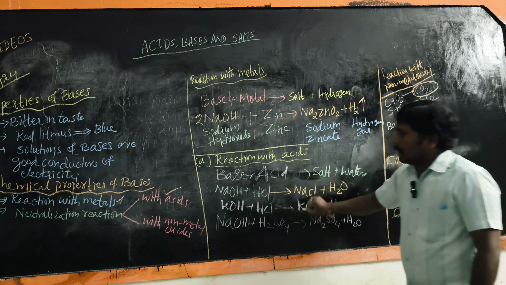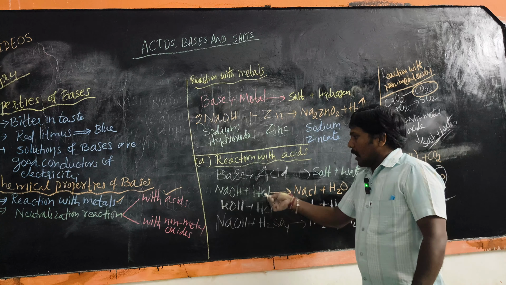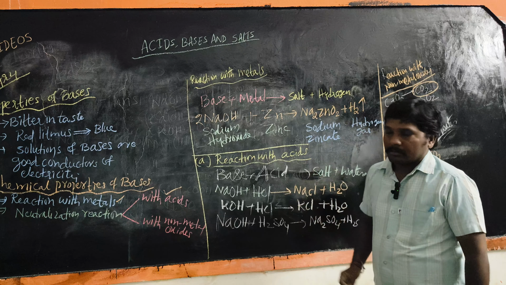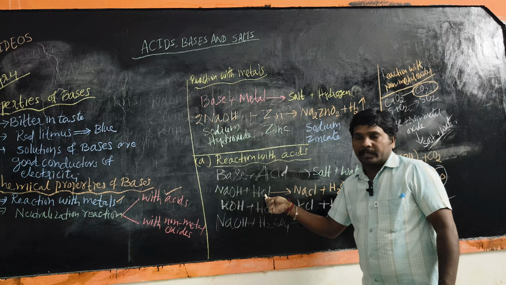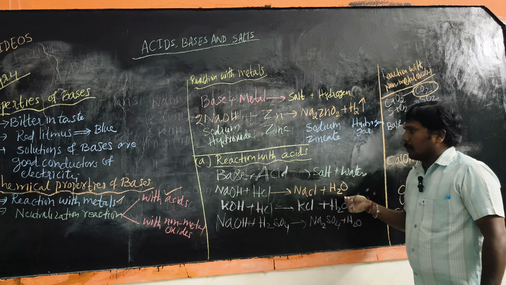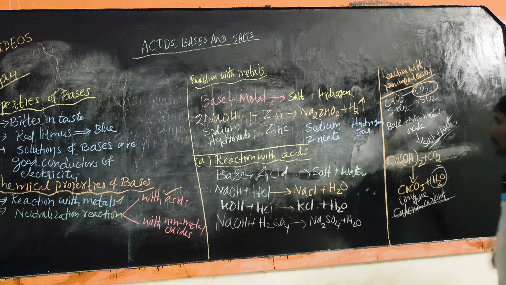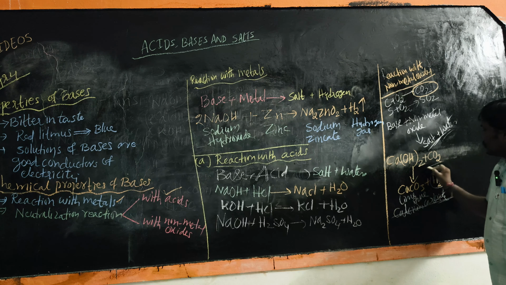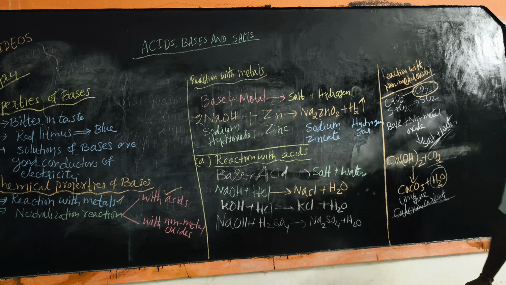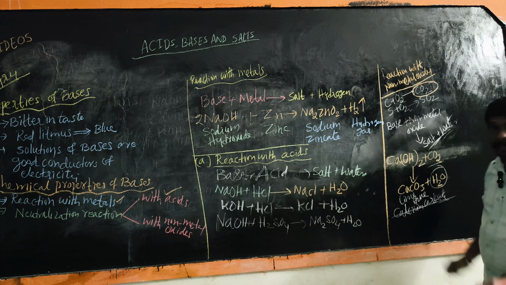So here we clearly know sodium hydroxide is a base and hydrochloric acid is an acid. One acid and one base combine together and form salt and water. We know this is a neutralization reaction. Then what about calcium hydroxide, which is a base, and carbon dioxide, which is a non-metal oxide?